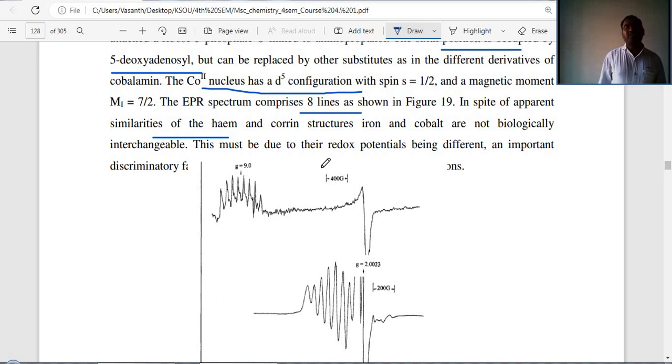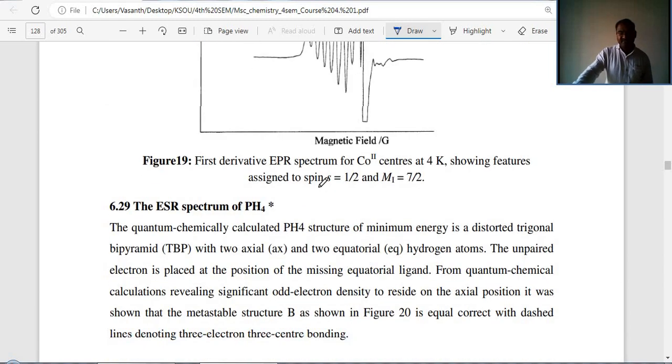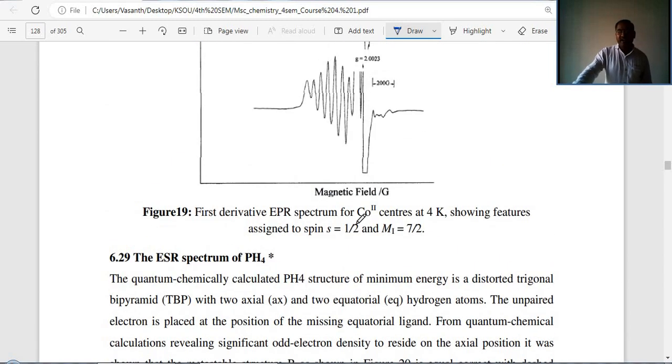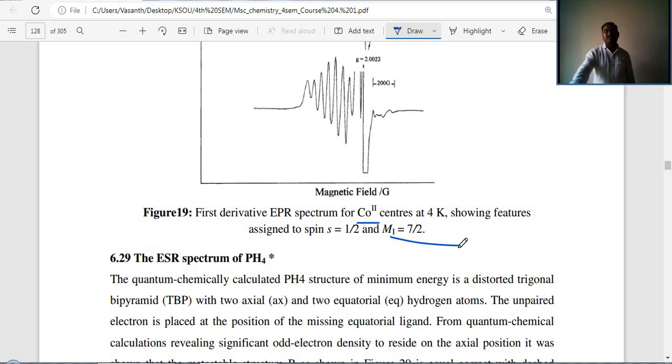This must be due to their redox potentials being different in different environments. This is the diagram of vitamin B12. The peak assignments or spin values are mentioned here.